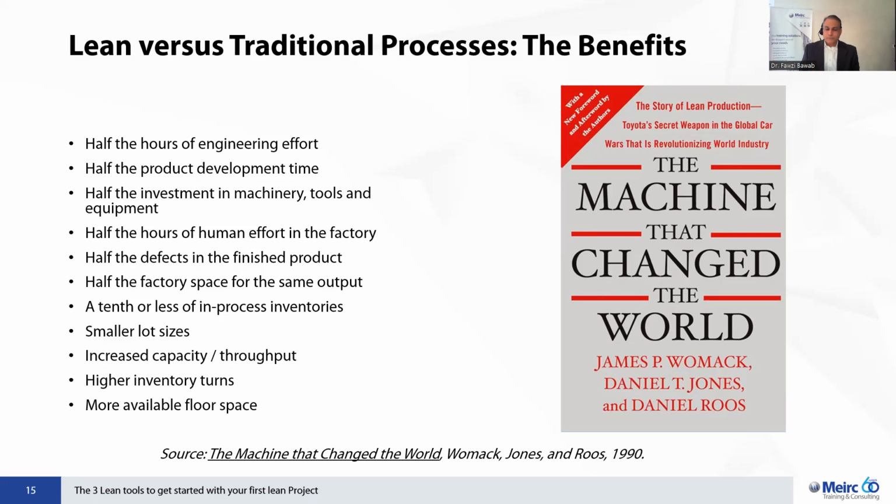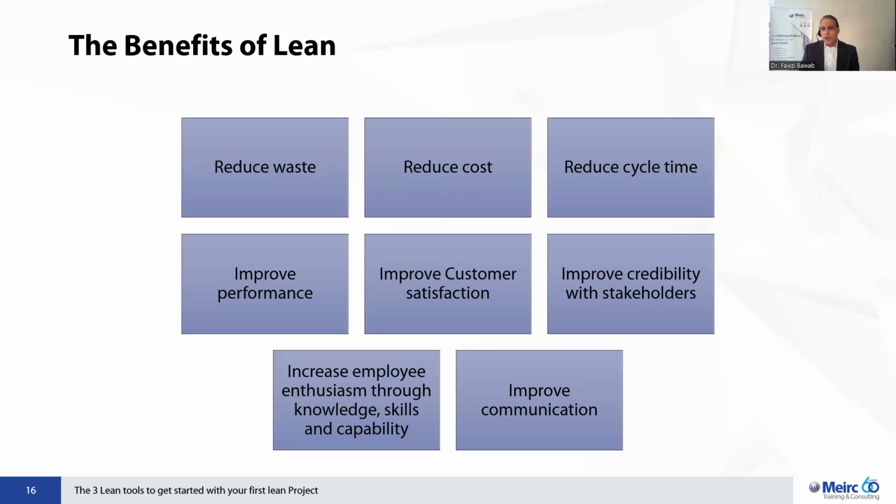And the book started to show some of the benefits, so we can maybe conclude that lean is about reducing waste, cost, because time is money, cycle time, efficiency, employee involvement, and morale. All these could be seen as potential benefits if lean is implemented in the right manner.